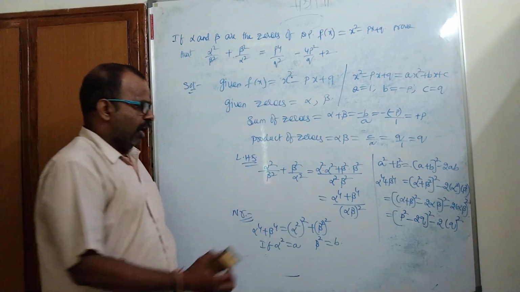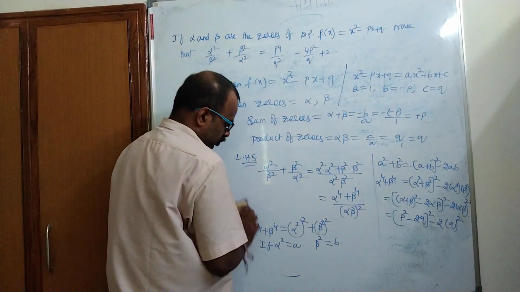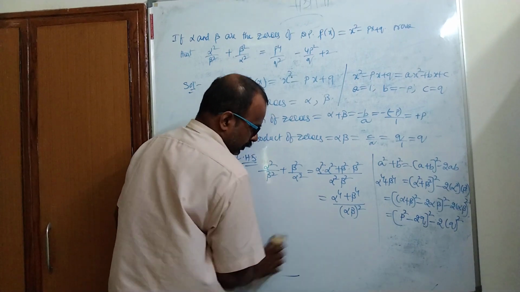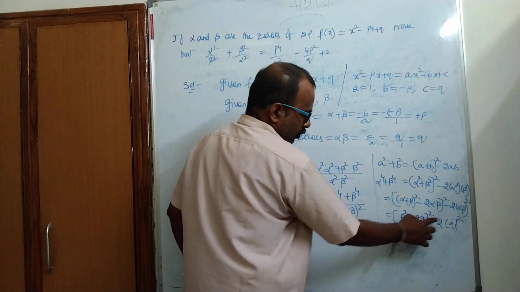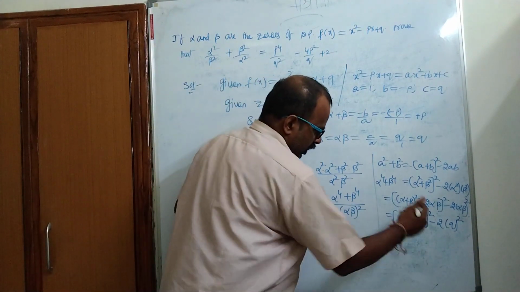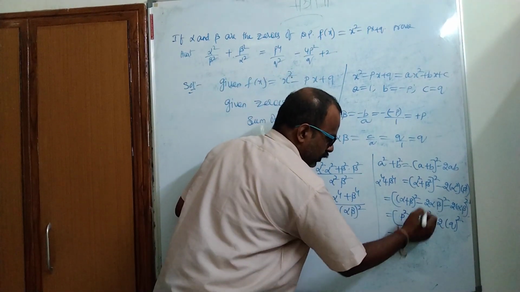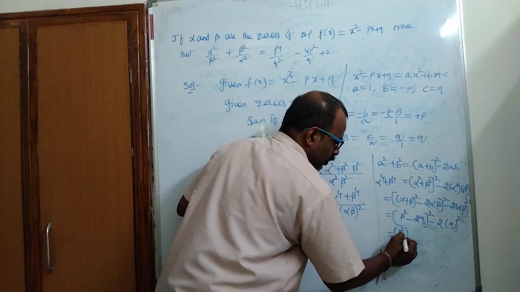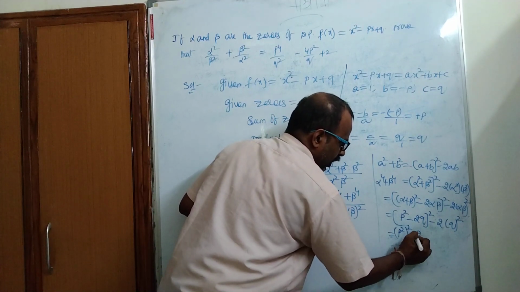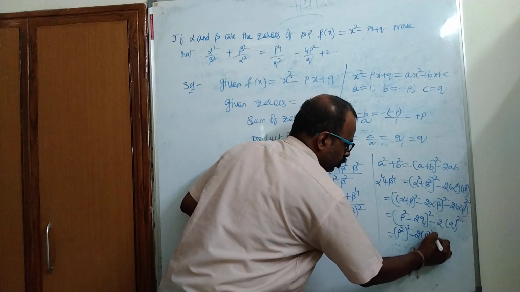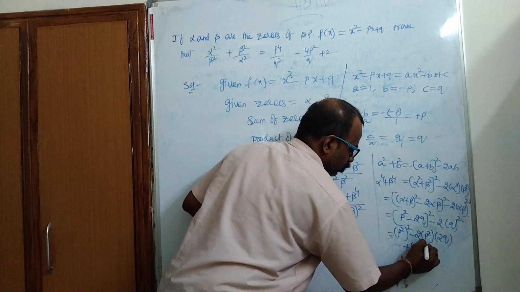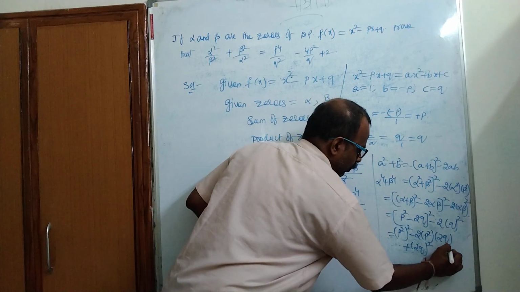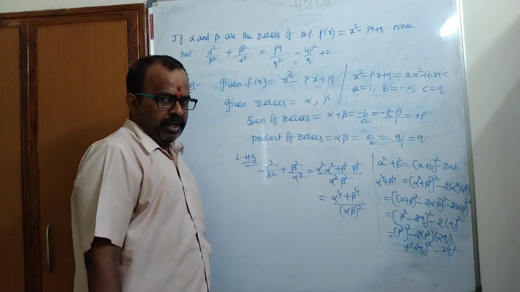So let us find the total value of alpha power 4 plus beta power 4. Now just expand this one, a minus b whole square: p square whole square minus 2 into p square into 2q plus 2q whole square minus 2q square.